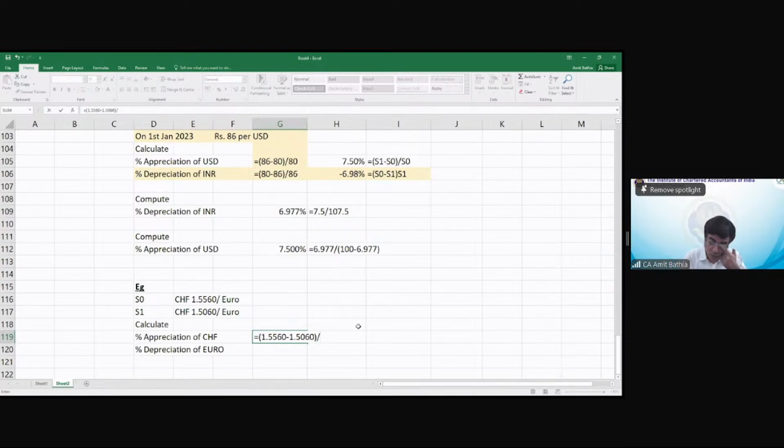Sir, appreciation is 3.32%. Okay, very good. And depreciation is 3.2%. So appreciation is, are you getting the same answer, 3.213%? Yes. Sir, actually I'm getting this in depreciation.